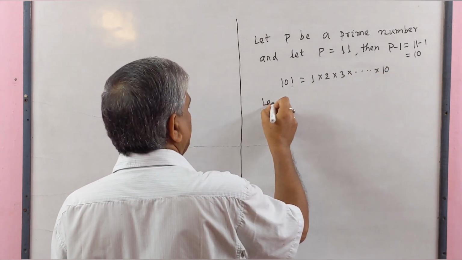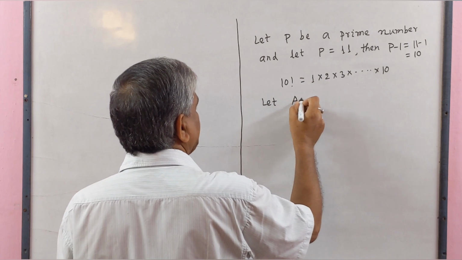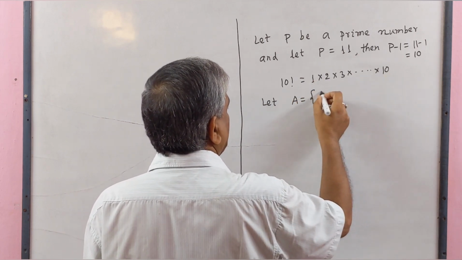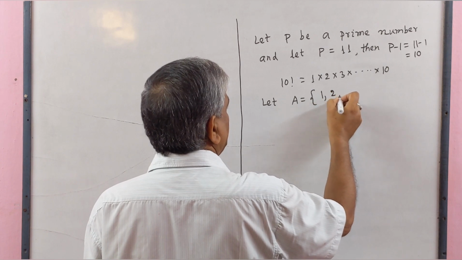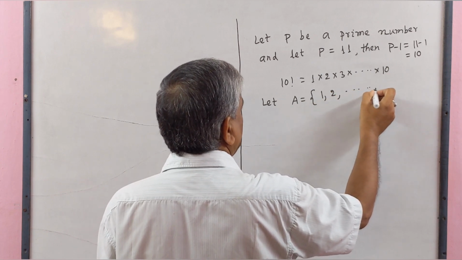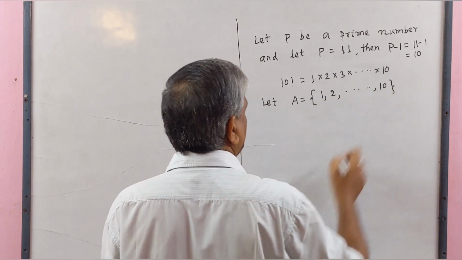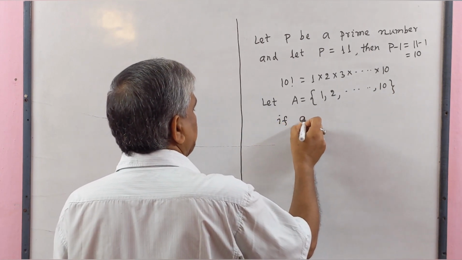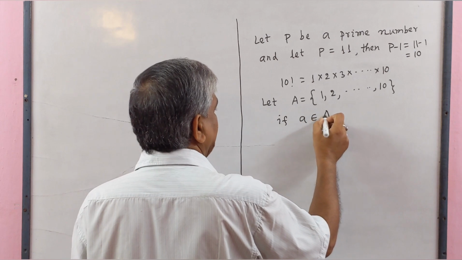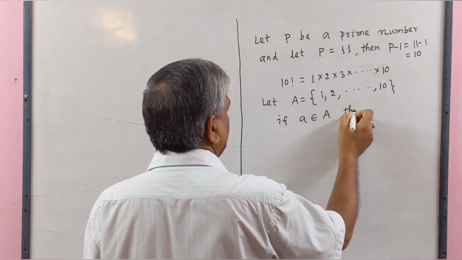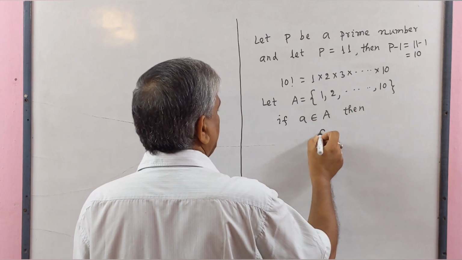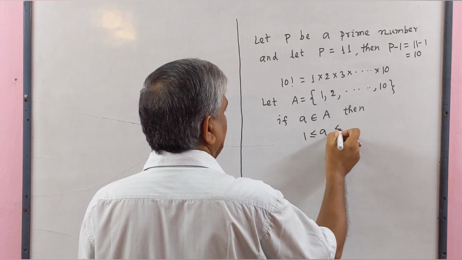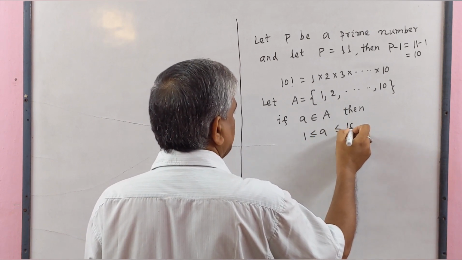Let A be a set containing these numbers 1, 2, 3 dot dot dot 10. If small a belongs to capital A, then small a is greater than or equal to 1 and less than or equal to 10.